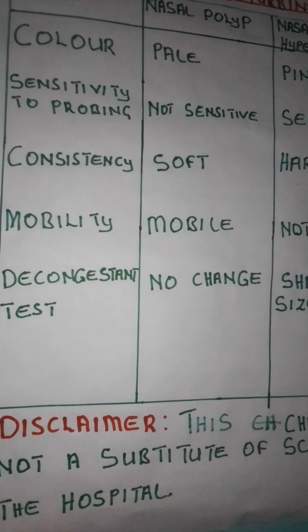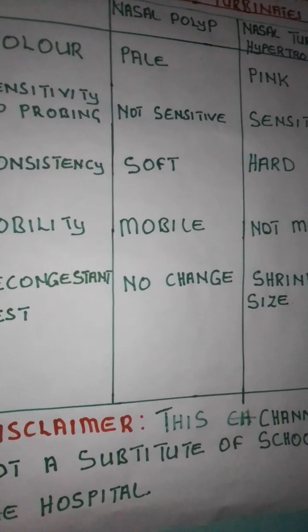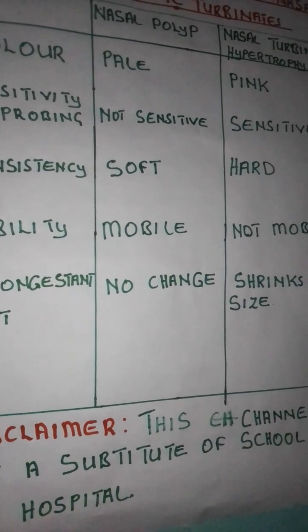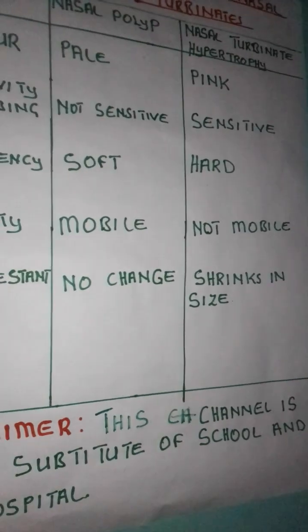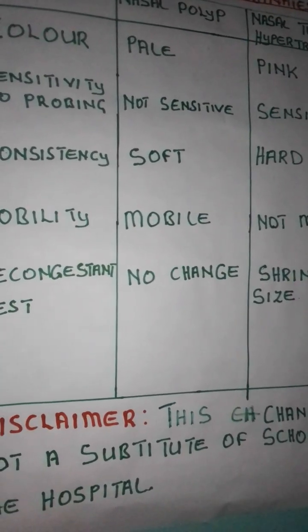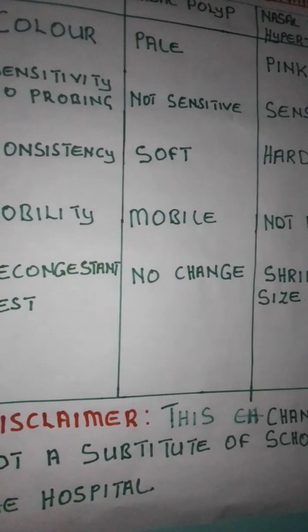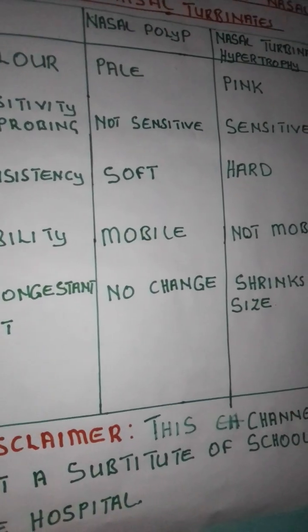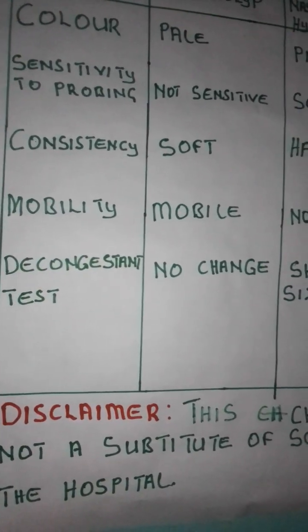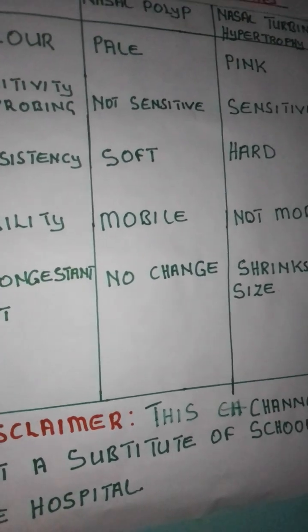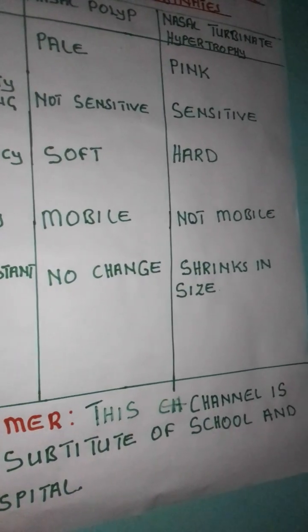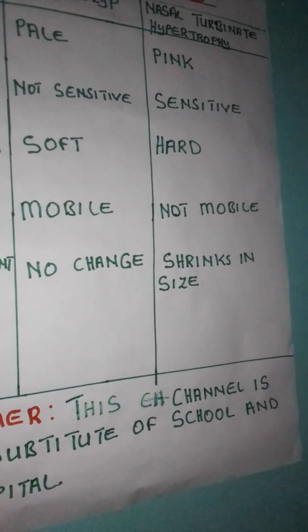When we come to sensitivity to probing, the nasal polyp will not be sensitive, while the nasal turbinate will be sensitive, so the patient might feel some pain if you probe. Consistency: the nasal polyp is soft, the nasal turbinate is hard. And when we come to mobility, the nasal polyp is mobile, while the nasal turbinate is not mobile.